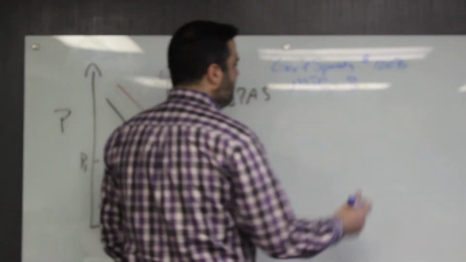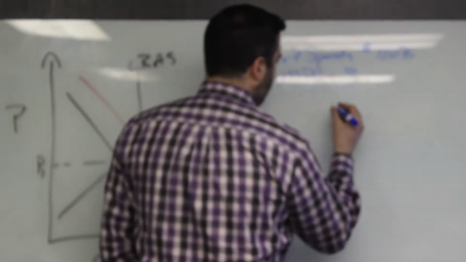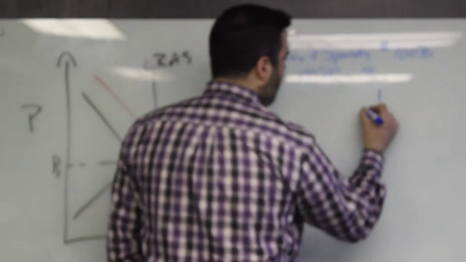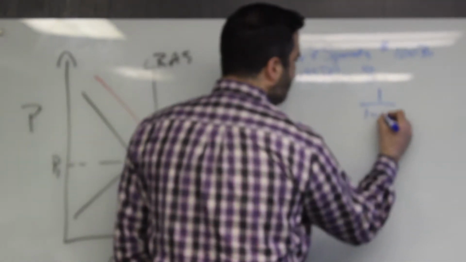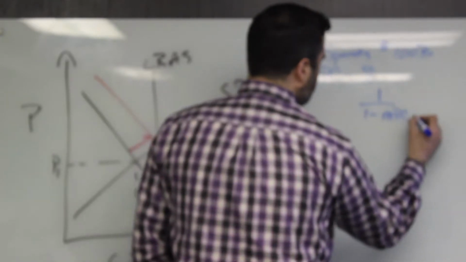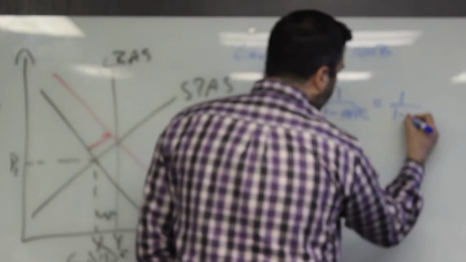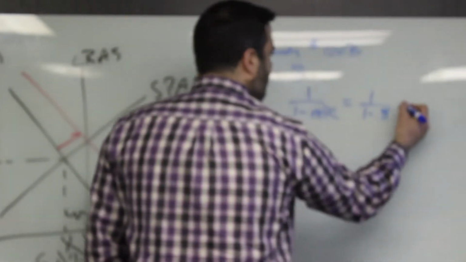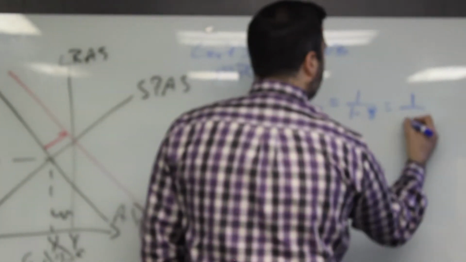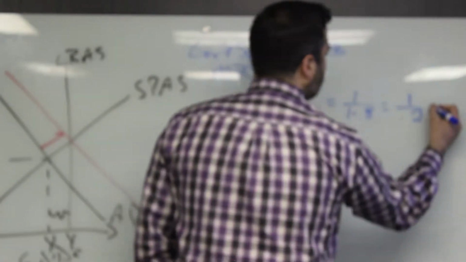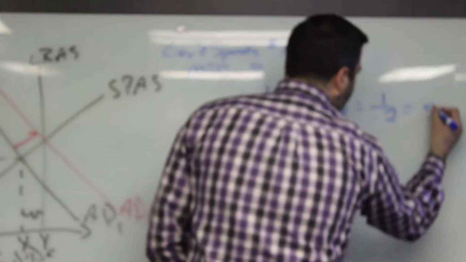We put that in to find our multiplier. Our multiplier would then be 1 over 1 minus the marginal propensity to consume, which would equal 1 over 1 minus 0.8, which would equal 1 over 0.2, which would equal 5.